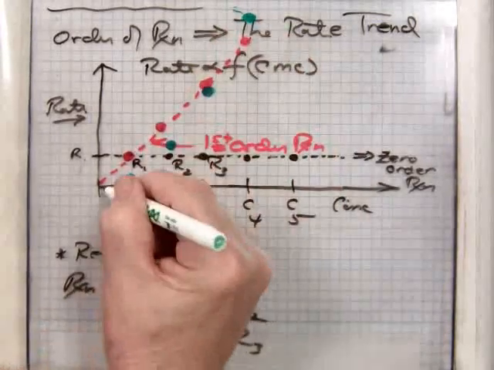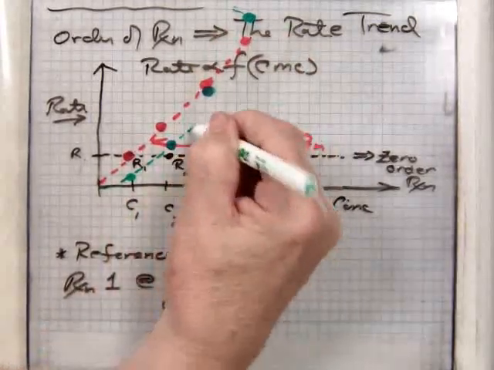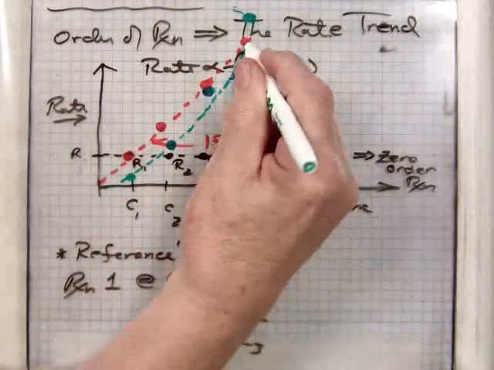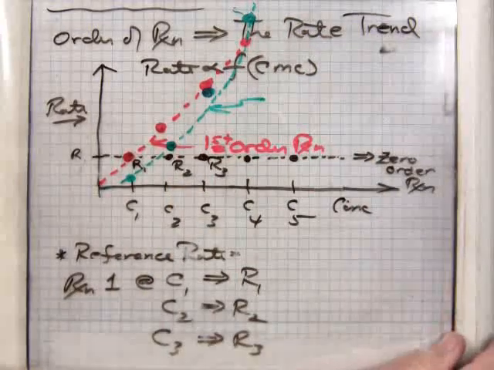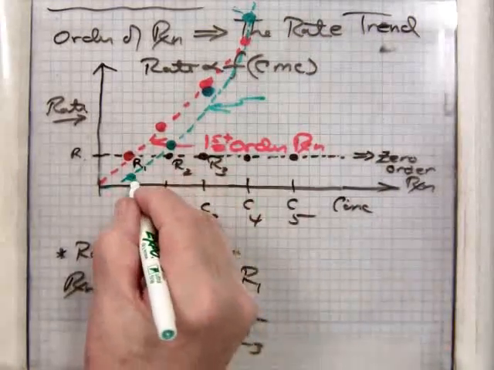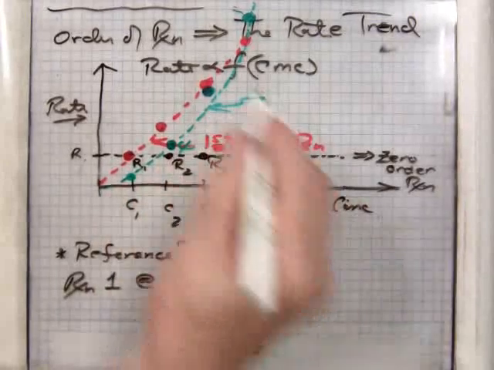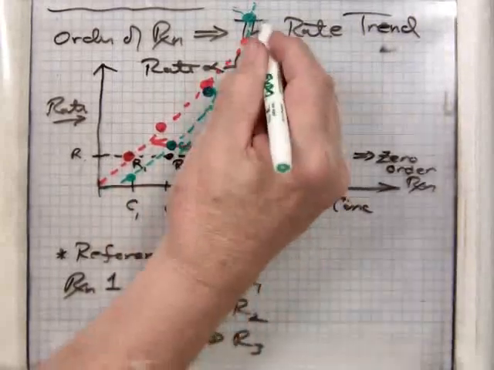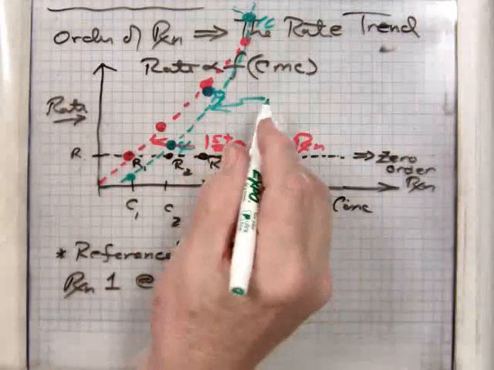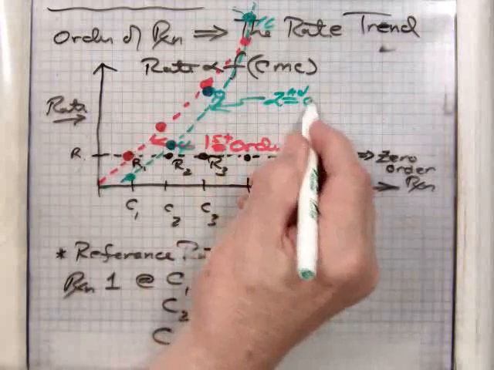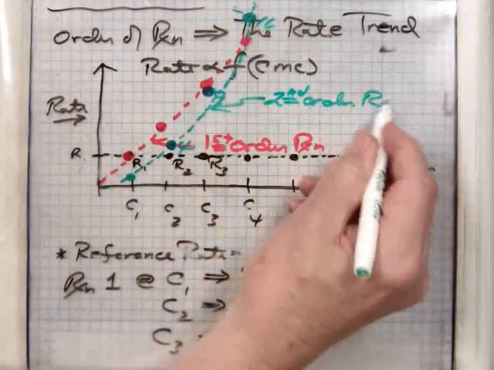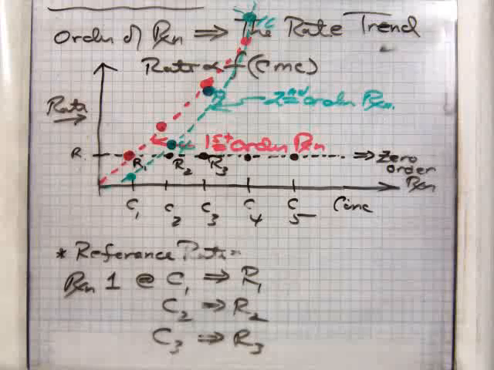It forms a kind of exponential trend. I'll show you how to calculate it; I'm just showing you trends. If you see that, you have your reference, and then you go up 4 times, then 9 times, and 16 times, then you are observing a second order reaction. Those are rate trends as a function of concentration.